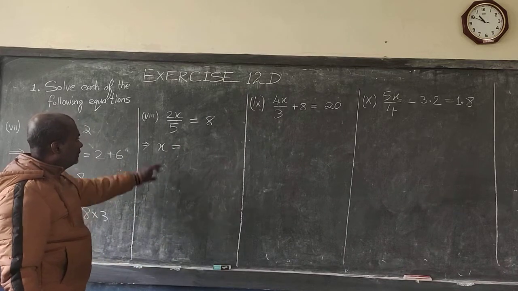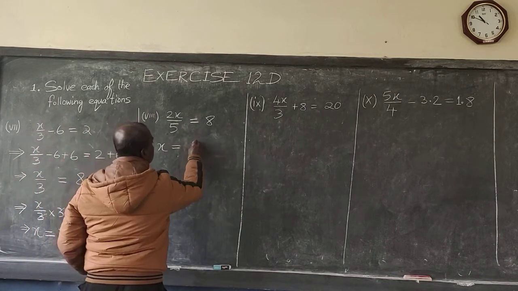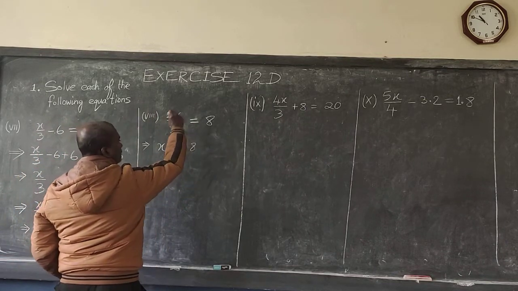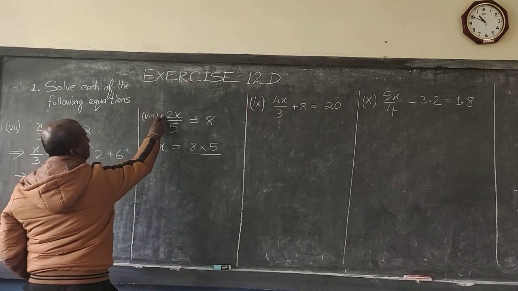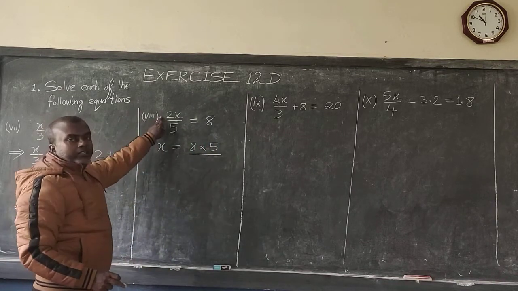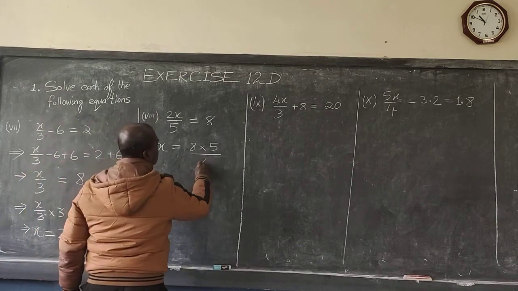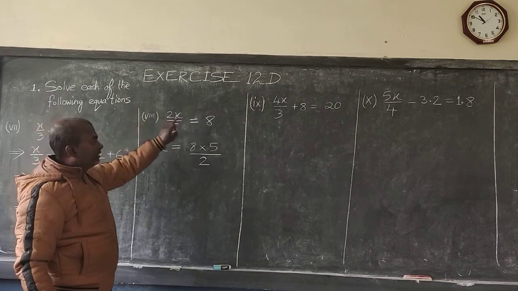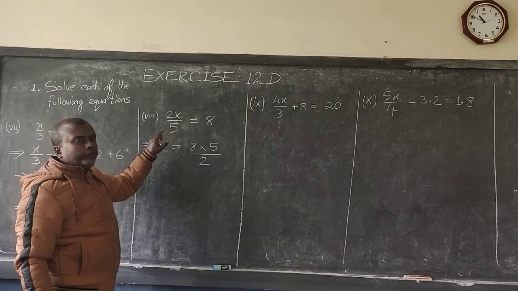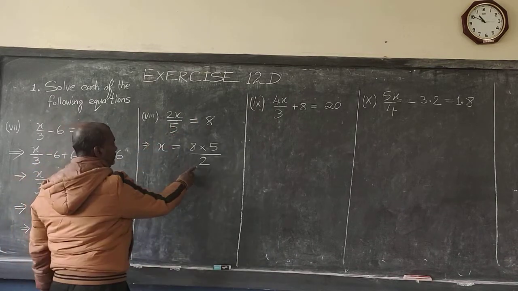Now in shifting method, divided by 5 goes on the other side from denominator to numerator. And any constant number which is in the numerator will go in the denominator. Okay, so here 2 from numerator went to denominator, 5 from denominator went to the numerator.